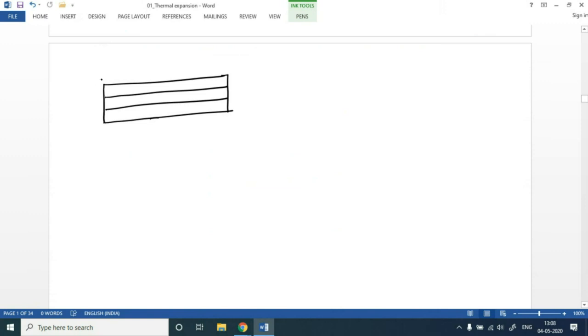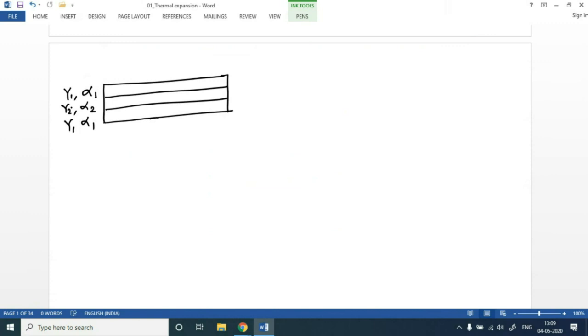Let's say the outer materials are the same, with coefficient of linear expansion alpha 1 and alpha 1, and the coefficient of linear expansion for the middle one is different, say alpha 2. Young's moduli are Y1 and Y1 for the outer materials, and Y2 for the inner material. We have equal lengths and equal cross-section for each strip, and we wish to find the length of the system when the temperature is increased by delta theta.